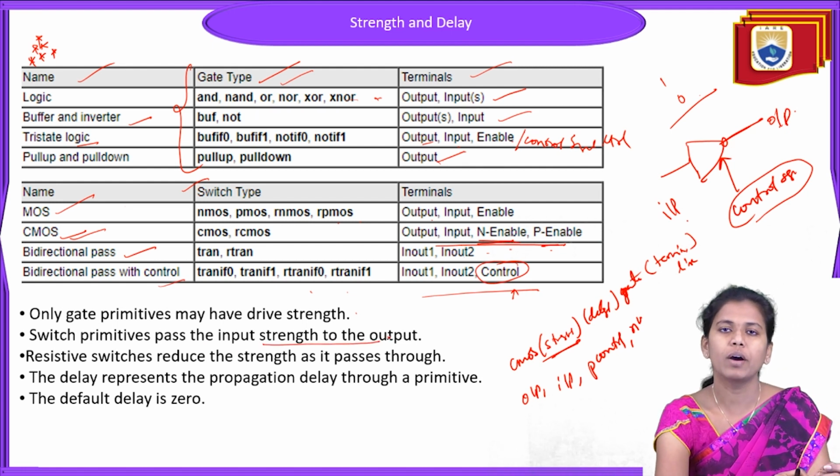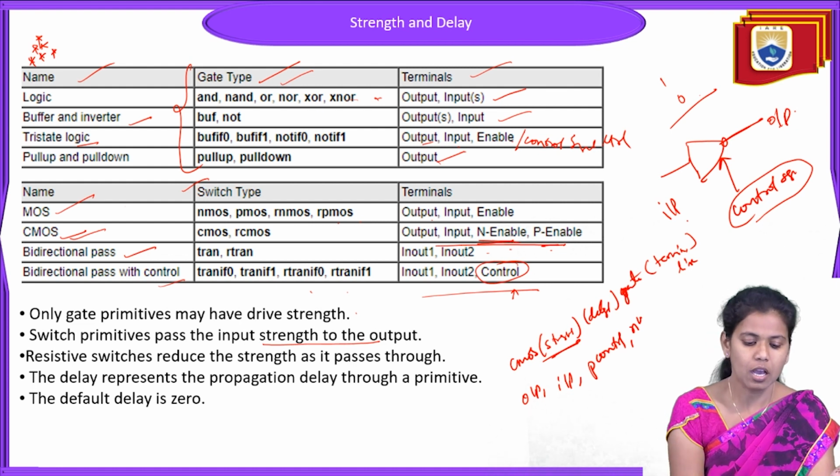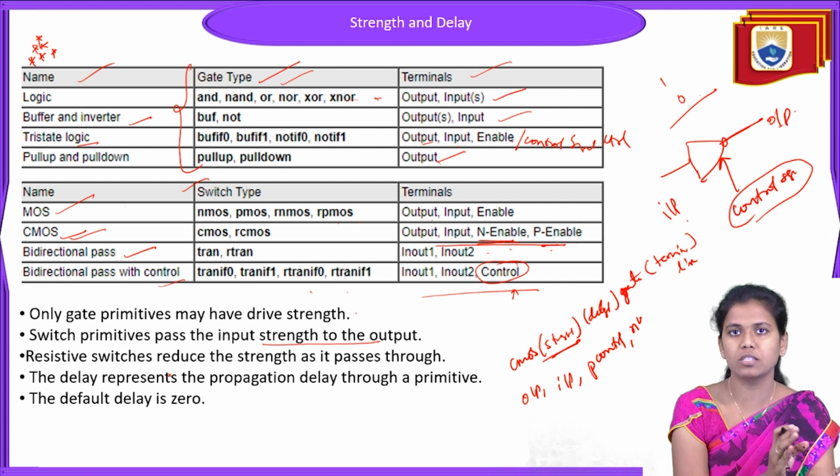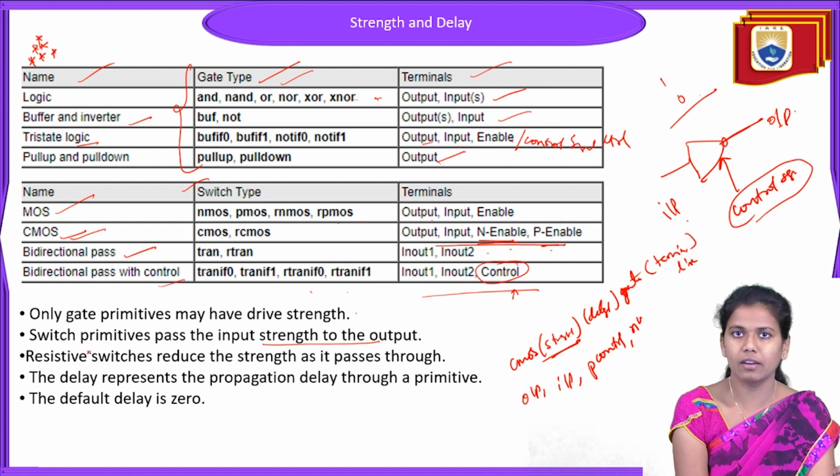Why we don't have the strength in switch primitives is because the switch will pass the signal from the input to the output. That means the signal strength goes from the input towards the output, right? So that's the reason the signal strength is not to be mentioned in switch primitives.